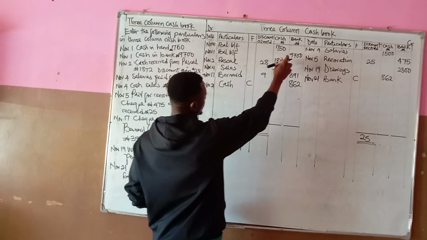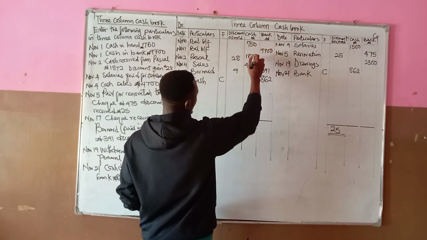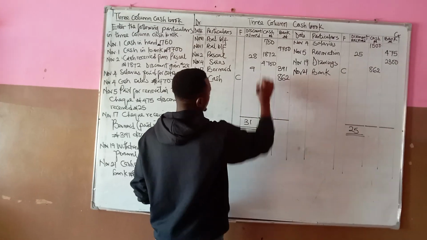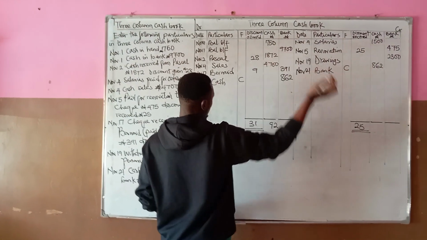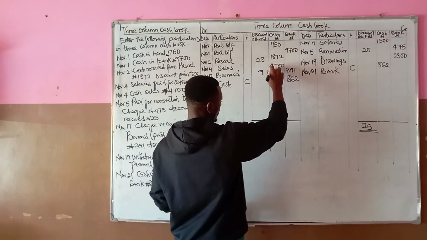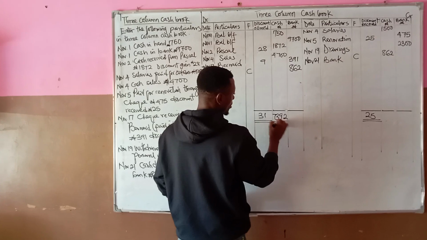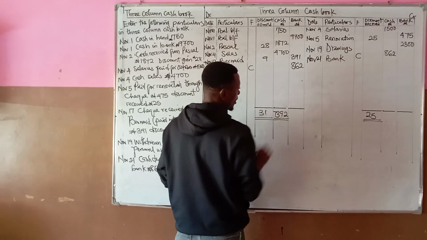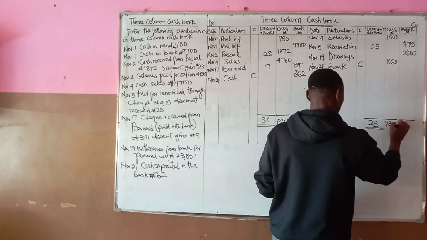Now, this will give me 0, this is 2, 12, 19, 9, this is 15, 22 plus 1, 23, carry 1, this is 5, plus 2, 7. So this will give me 7,392. I'm closing with the same thing, 392.